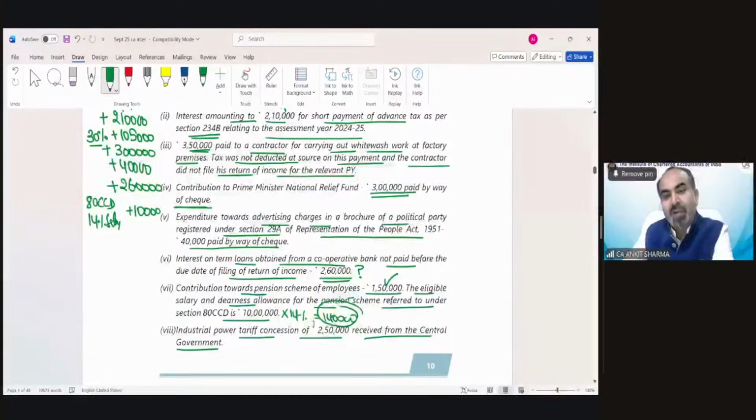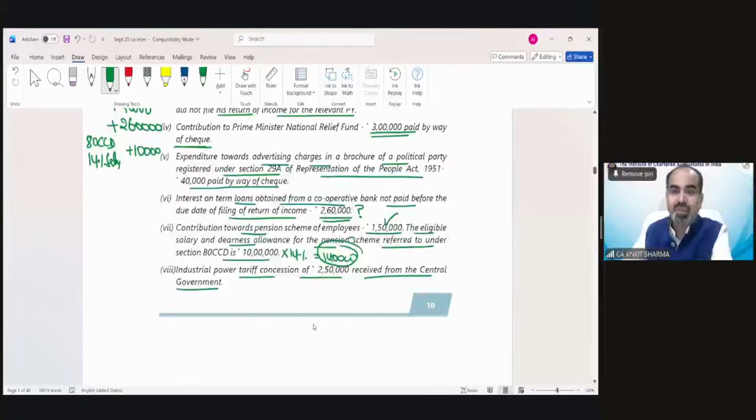It is a kind of subsidy or grant, a kind of concession. So what do we need to do? Should we include it, add 2,50,000, reduce 2,50,000, or just skip it? We do not need to do anything.